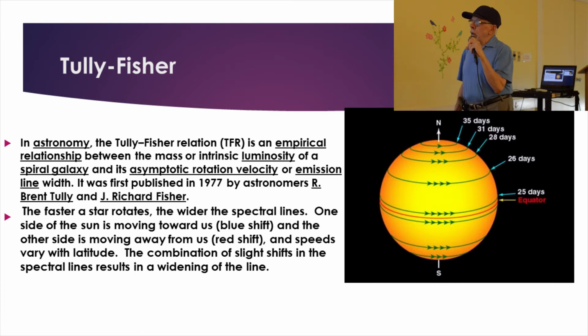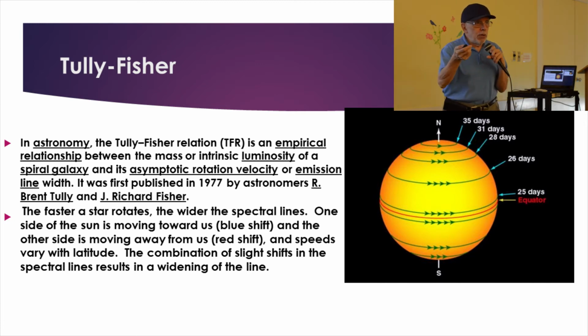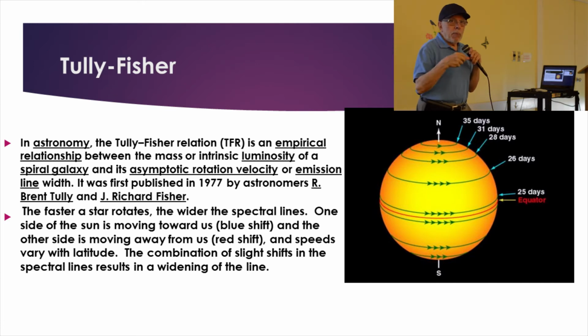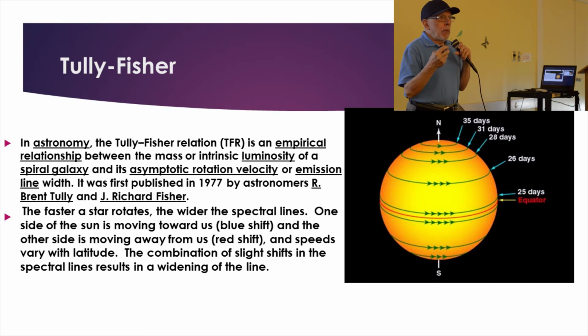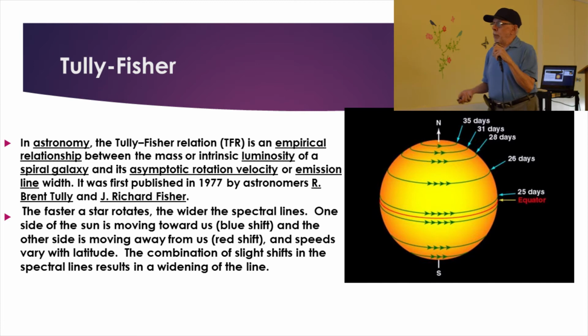Okay, and then we come to Tully Fisher. So you've seen now different ways of measuring distance to the stars. We started with radar, radio waves, okay? Then we looked at parallax. Then we looked at a couple of different ways of determining the absolute magnitude and comparing it to the apparent magnitude. Here's another way.